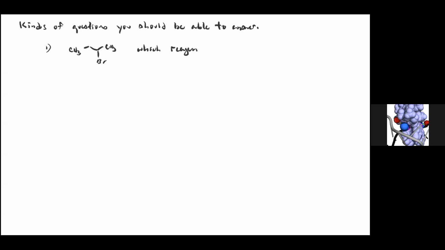So for example, if I have 2-bromobutane, which reagent, t-butoxide or methoxide, gives more E2?